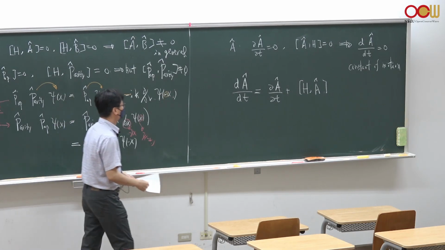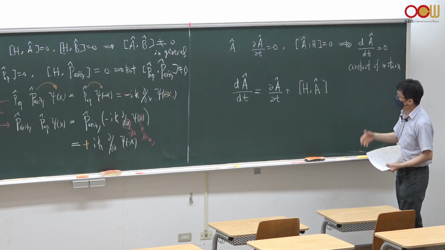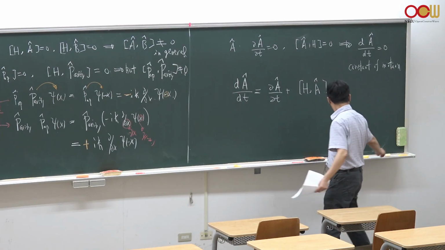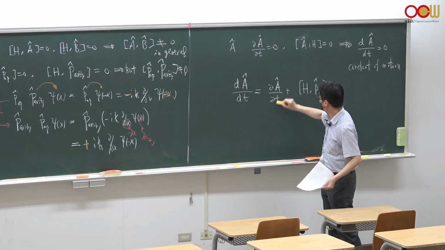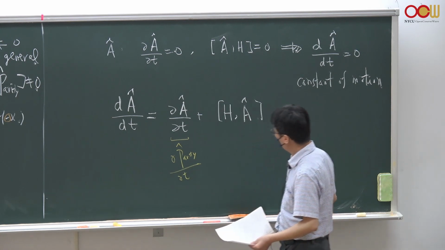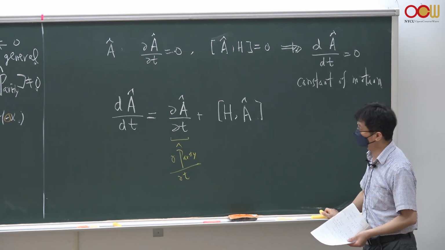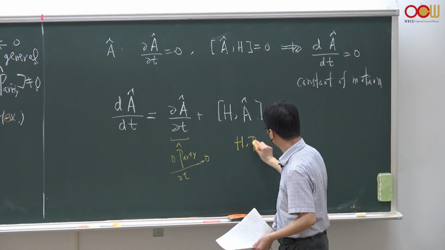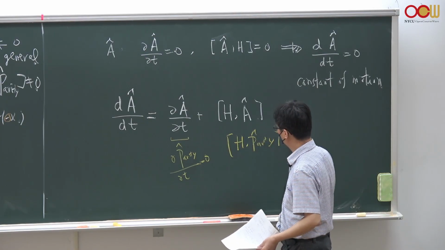So we will prove that later, but at this stage, we just appreciate the consequence, because we know that this parity operator satisfies these two conditions: first, it is not an explicit function of time, so this partial parity partial t vanishes. And the second, the Hamiltonian commutes with the parity operator.